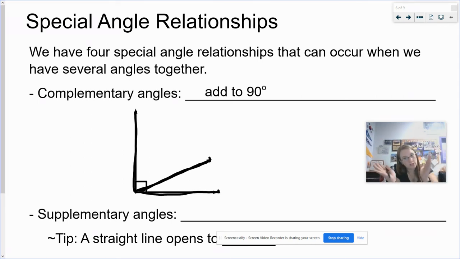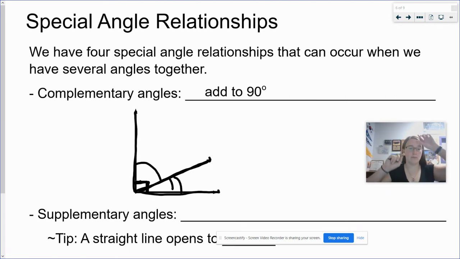And when I squash them together, they make 90 degrees. So this angle plus this angle adds to 90 degrees. That doesn't mean they're equal. That just means if I put them together, they could add to 90. So it could be like 30 plus 60 or 50 plus 40. Yeah, doesn't mean they're equal.